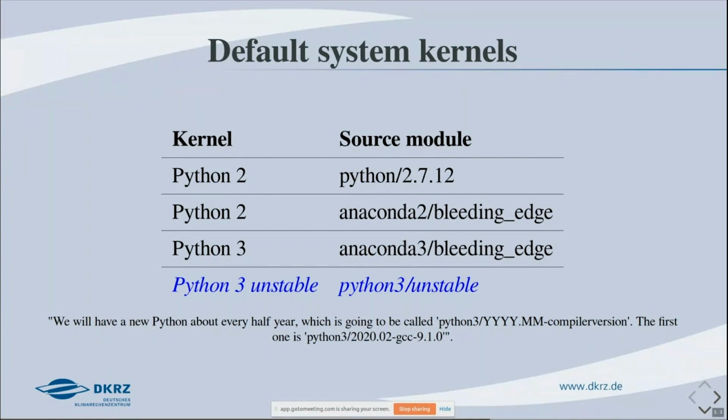At the moment, I think we have only one Python, but there is a next module coming in the future. I recommend that you use this kernel because it contains the latest versions of all the installed Python packages.